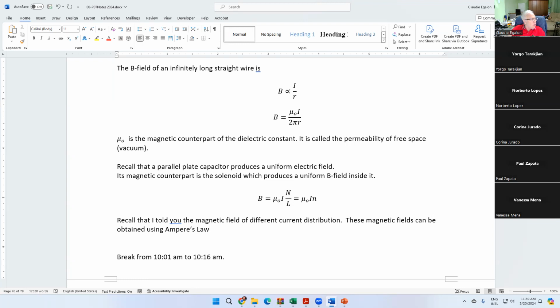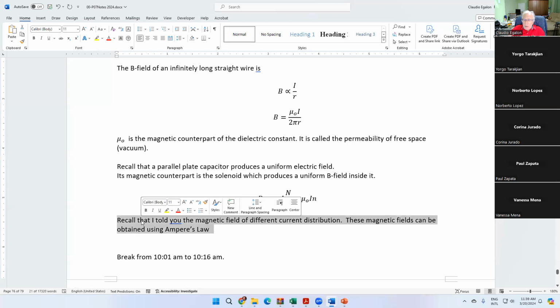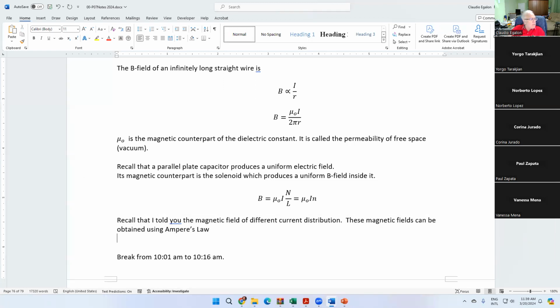Ampere's law is given by the following equation.